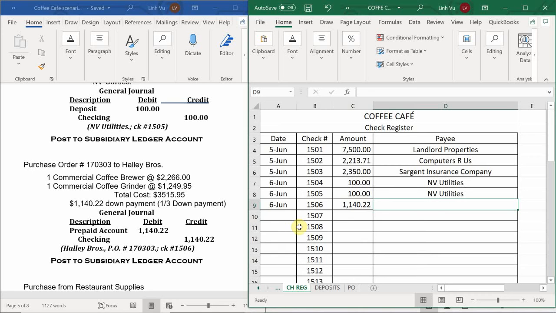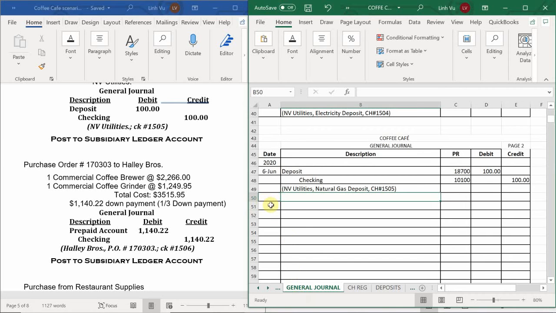And again, the person that I'm writing this check out to is Hallie Bros. So now that I've written my check out for 1506, I can go to my journal and complete the whole transaction.